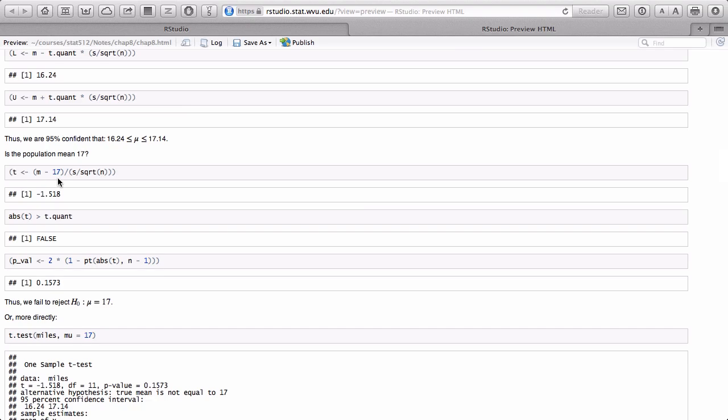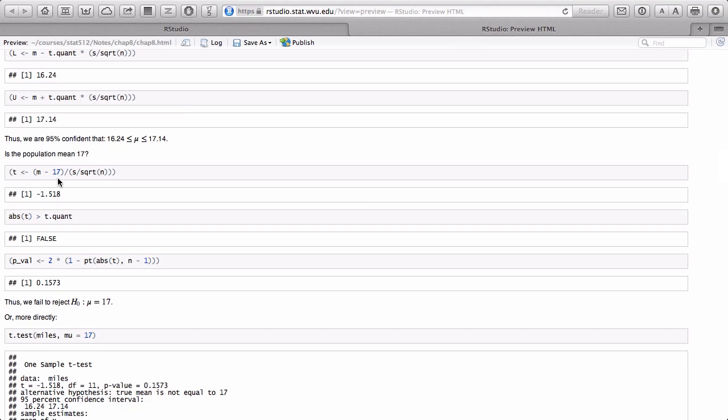Because I don't know, a priori, that is before I collected the data, whether it was higher than 17 or lower. And so I'm going to compute both of these areas, the area less than minus 1.518 and the area greater than 1.518. That's equivalent to taking the absolute value and getting the probability of less than or equal to this upper limit.